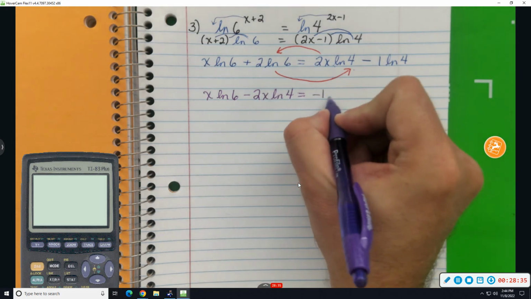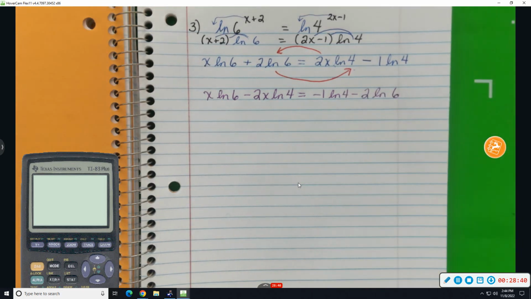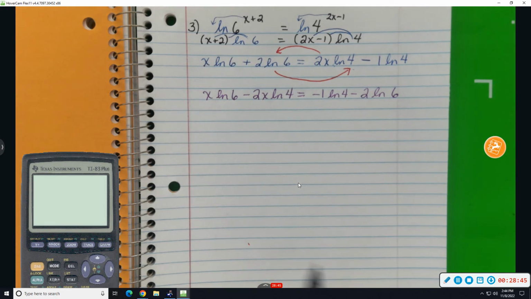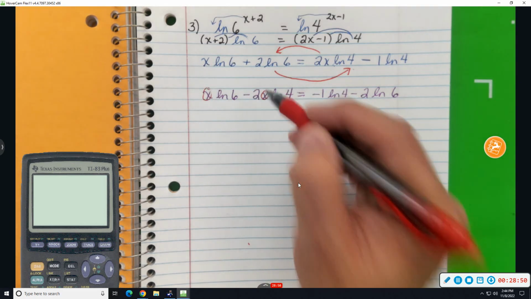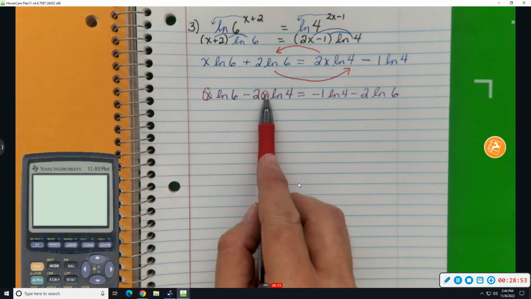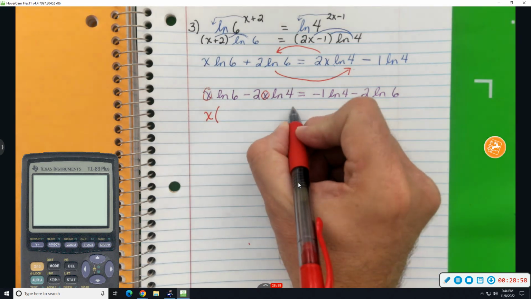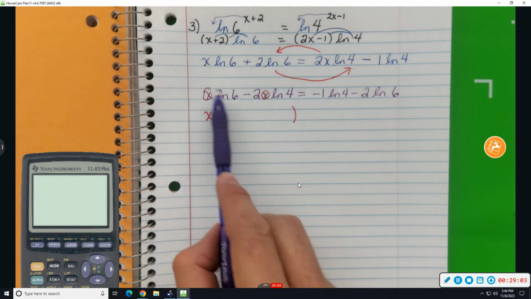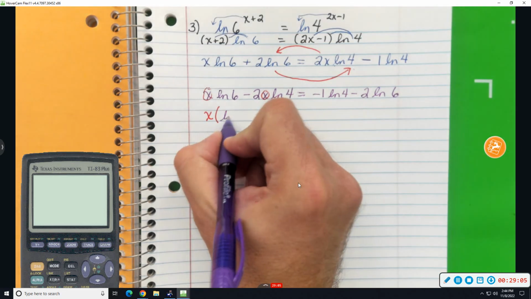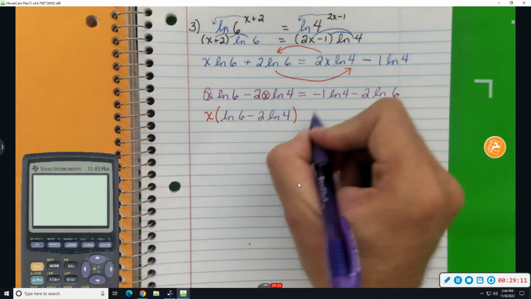So negative 1 ln 4 minus 2 ln 6. And now, factor the variable out. Those x's that I circled, just write it down. And then in the parentheses goes whatever's left up there, ignoring the x's. It would be ln 6 minus 2 ln 4.